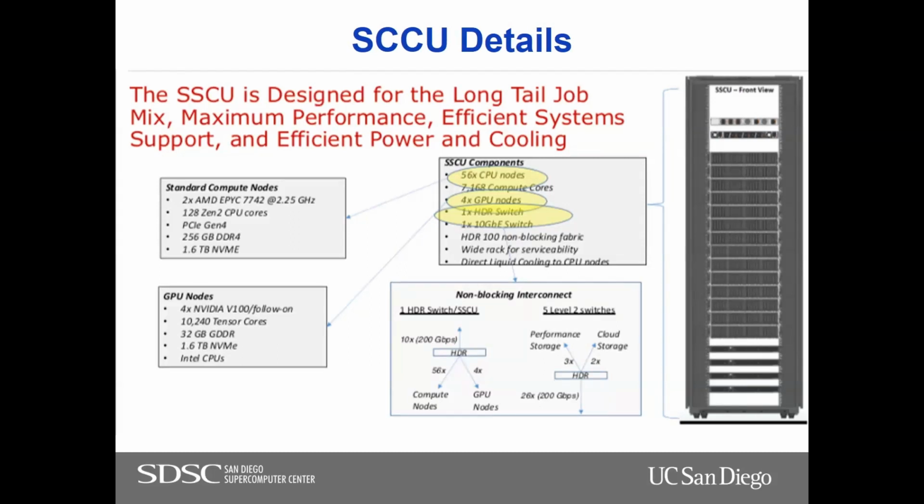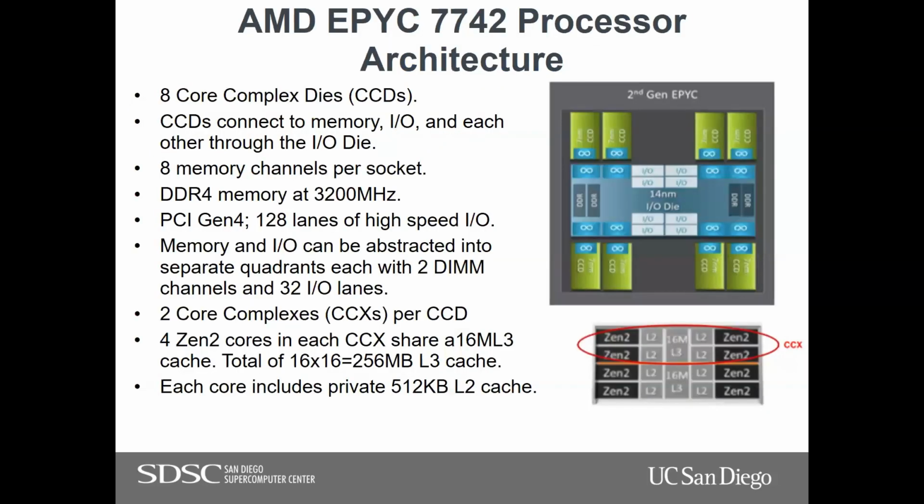I won't do a lot of discussion about that, but it's a very unusual processor architecture. You basically have these 8-core CCDs on the EPYC node, and they have their own local memory, and then they share memory across the node with each other. All of these are designed to help things run faster. We have DDR4 memory.